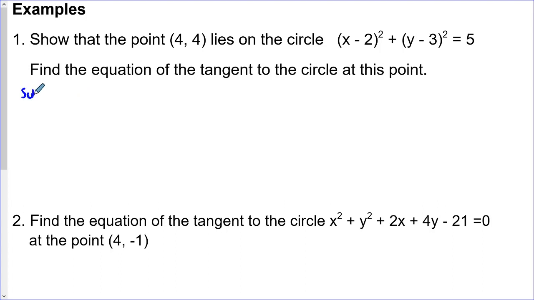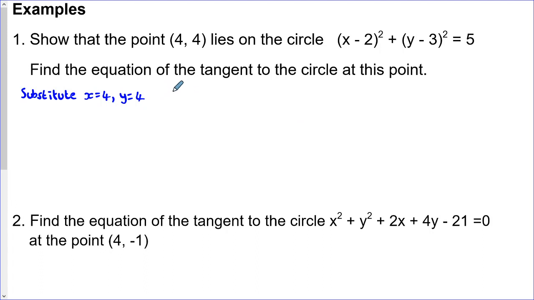So we would start by substituting. Substitute x equals 4 and y equals 4. So I'm going to substitute 4 and 4 into here and show that I get 5. We could do it by substituting 4 in for x and then solving to work out y and showing that it's 4. That'd be another way, but this is easier.